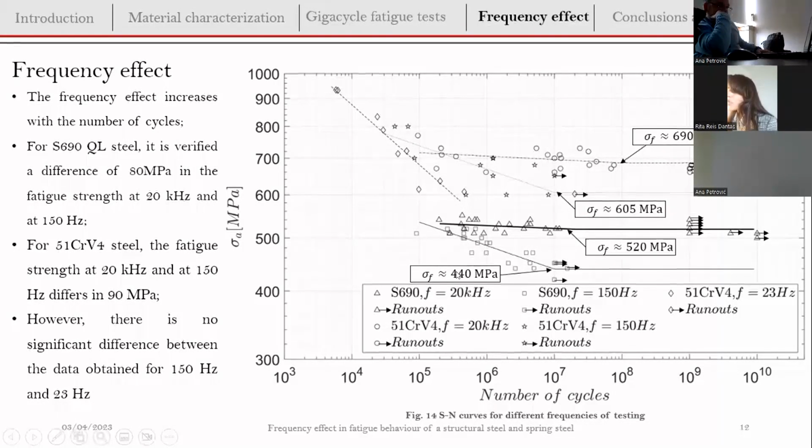Here in this region, the data is in fact very close and they converge to the same value. However, in the fatigue limit, we have a difference of around 80 megapascals and 90 megapascals.